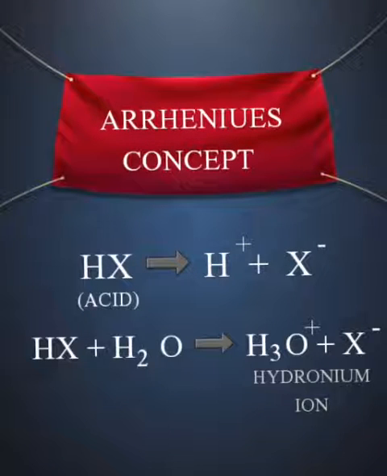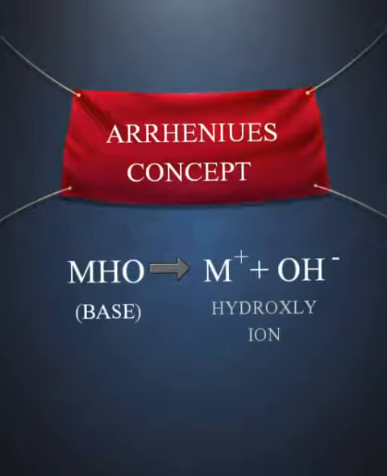A proton is very reactive and therefore it cannot exist freely in the aqueous solution. So, it combines with water and forms hydronium ion. Thus, any substance which forms hydronium ion in water is called an acid. Thus, MOH is a base as it forms hydroxyl ion.